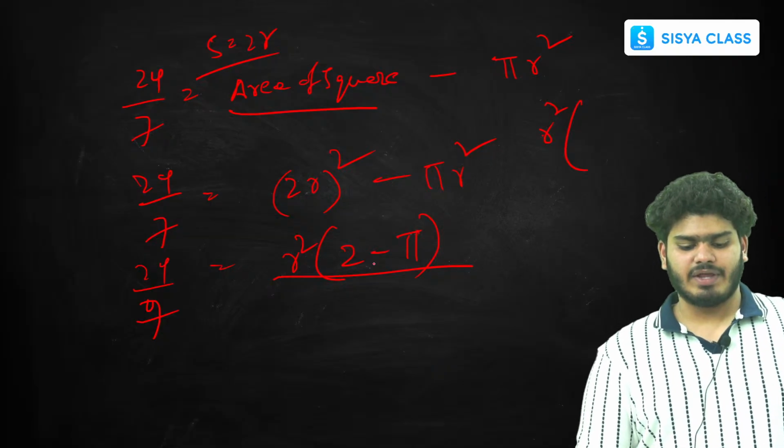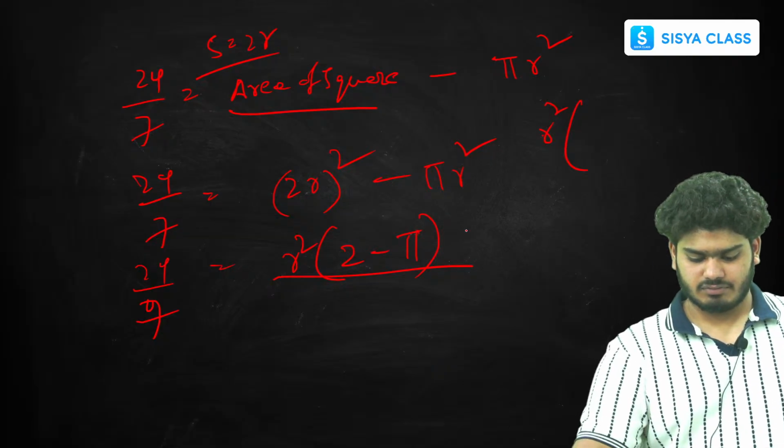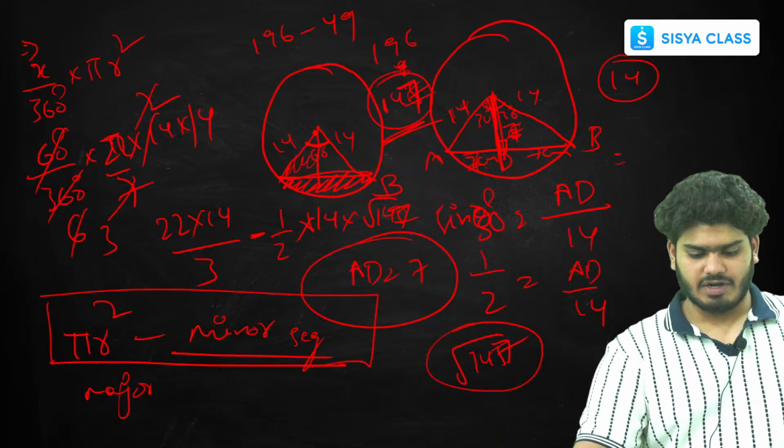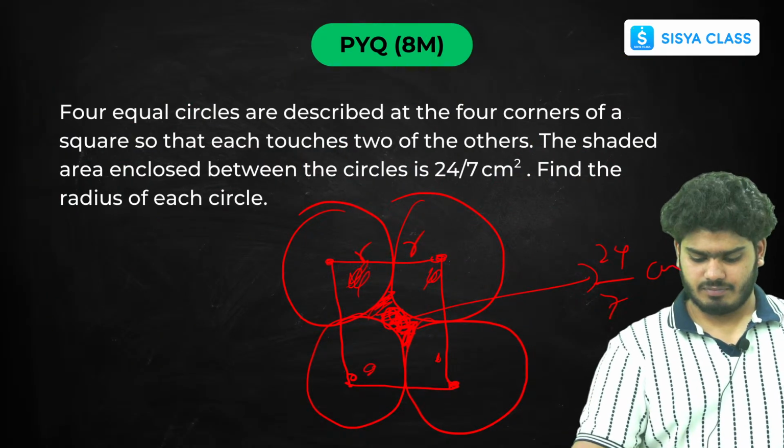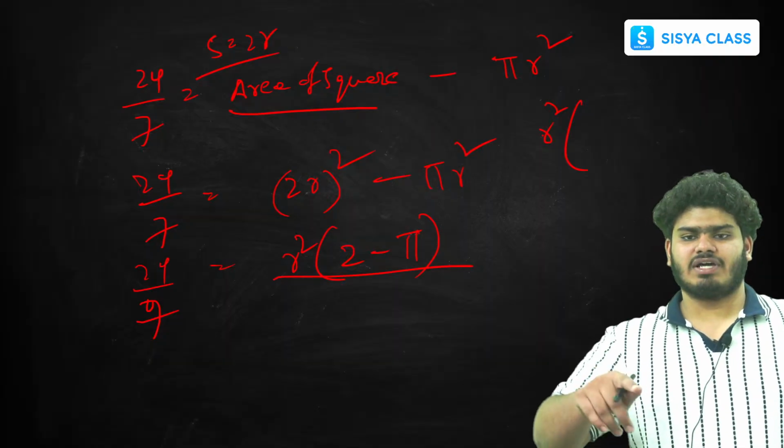So r square into 2 minus pi, right? Wait, that is what? Oh, area of square minus area of circle.